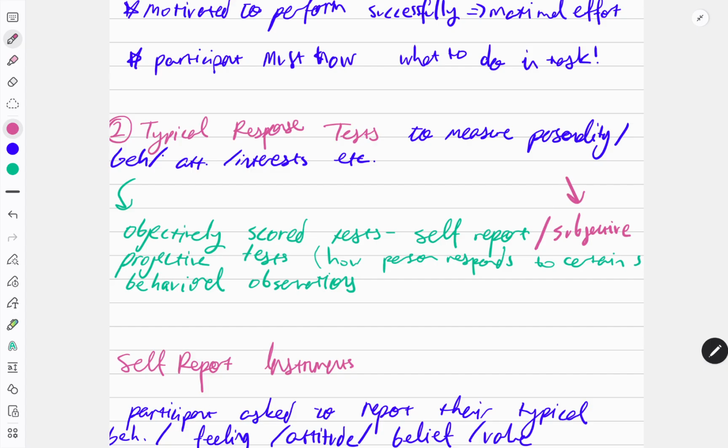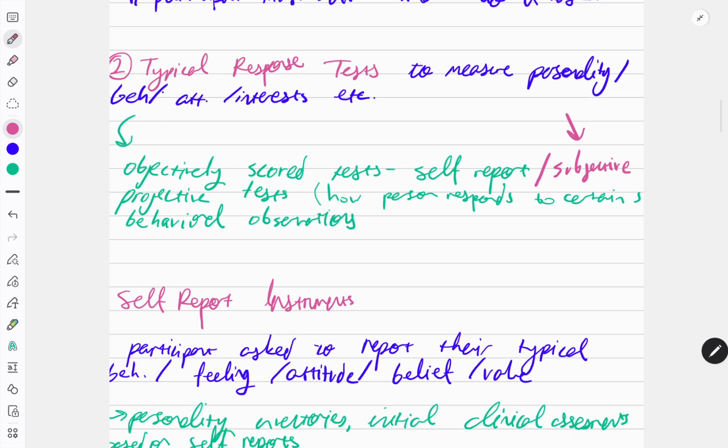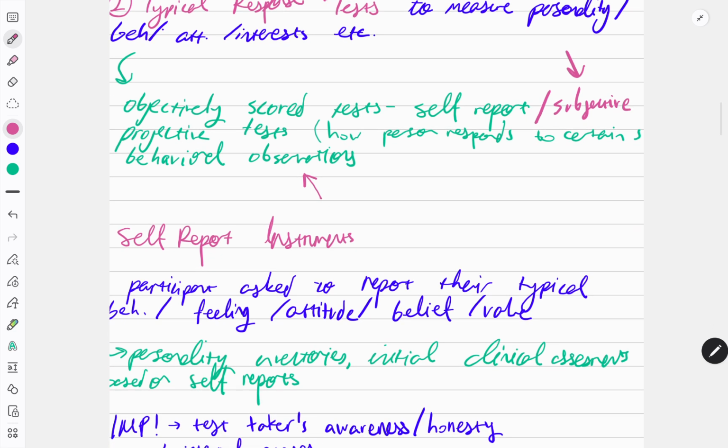So in projective test, basically it's just how a person responds to the test, and we just kind of analyze how they respond, etc. So behavioral observations, so it could be based on behavioral observations as well.